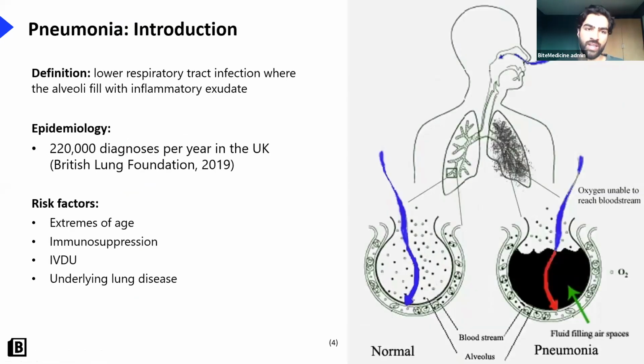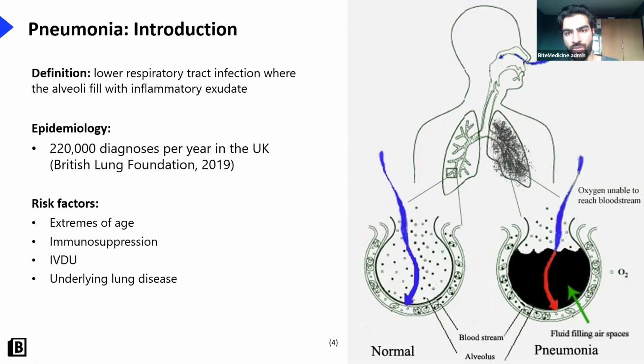So what is pneumonia? It's a lower respiratory tract infection where your lower airways fill with inflammatory exudate. Essentially, you have the inflammatory process occurring in your lower airways. Then you have inflammatory exudate collecting in the alveoli. And that's actually why when you listen to the chest, you hear crackles. Crackles indicate the presence of fluid in the alveolar airways.